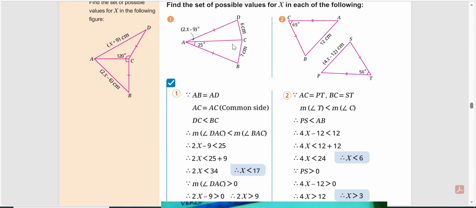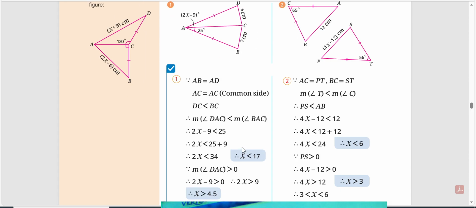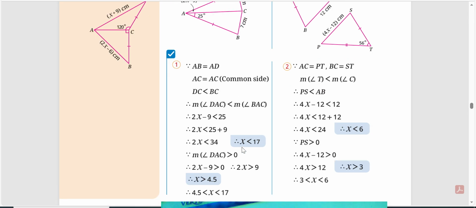Then we have the difference between two angles. X minus 9 is less than 25, because 7 is greater than 6, the opposite angle here, 25 is greater. You can write the relation, and also the measure of the angle is greater than 0. You can find x between the two relations, the intersection between them.